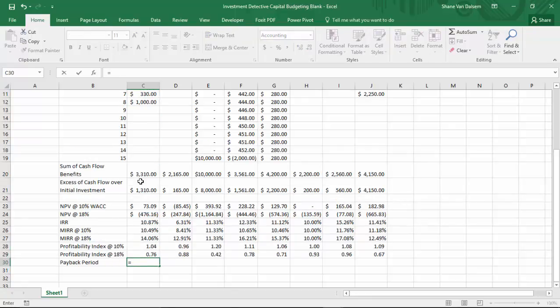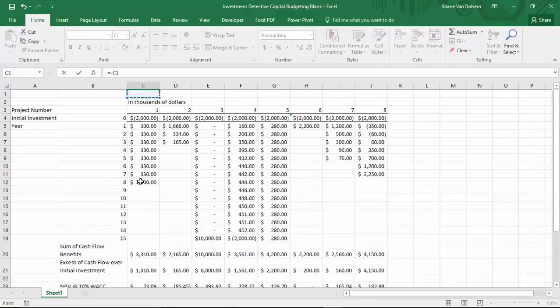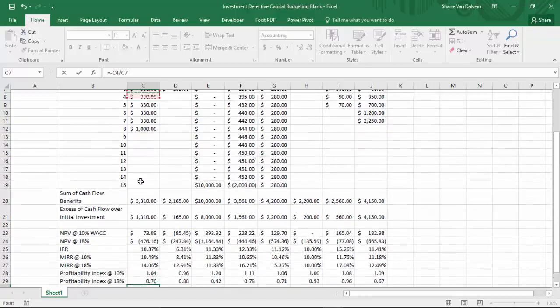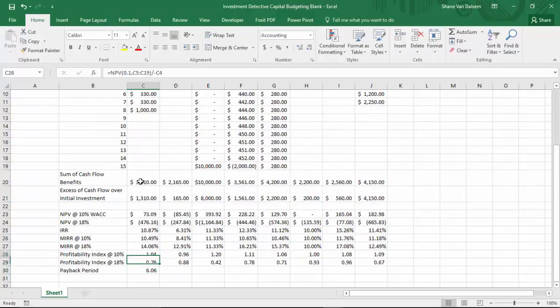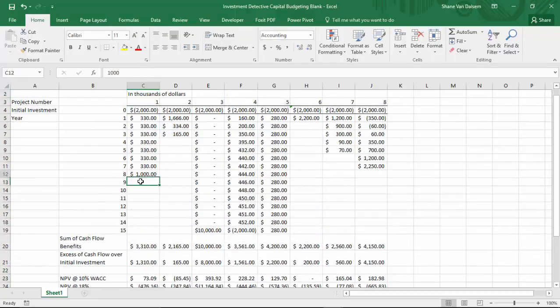I'm going to make that negative. Negative 2,000 divided by 330. And it pays back in 6.06 years. So prior to this 8th year, it pays back. So it's just 330 per year.